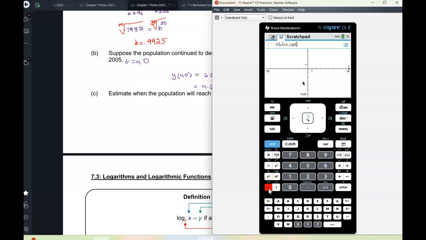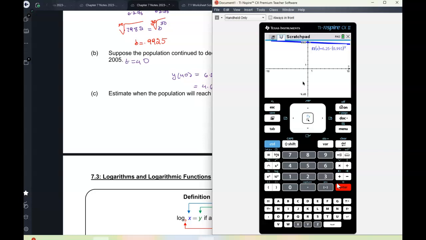Let's do 0.993 for the time being. And then tomorrow I'll show you guys how to store a variable so you don't have to do that, okay? So to the power of x, okay?